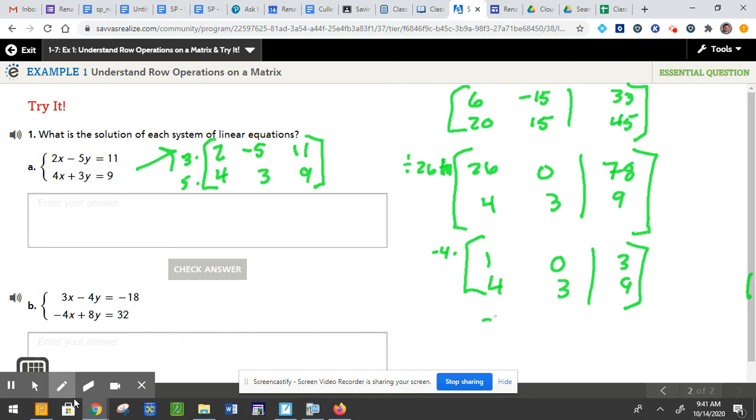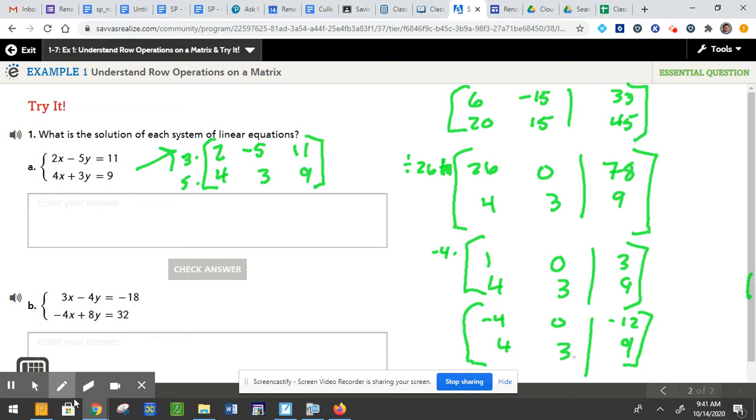So now I've got -4, 0, -12. And then this one's still 4, 3, 9. All right, when I add those together, I'll try to squeeze it in up here.